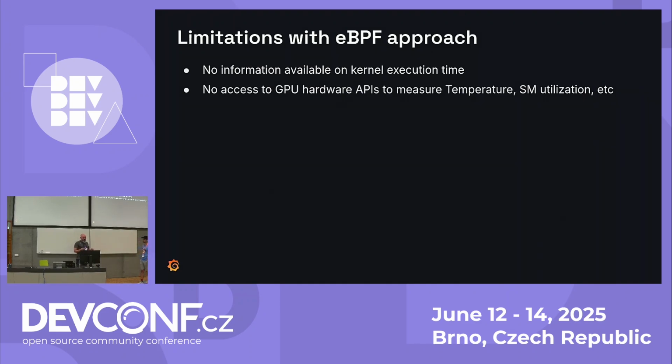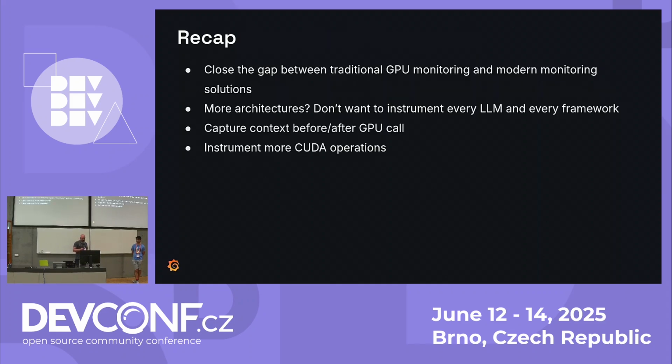And the other limitation, as I said before, is that we don't have access to the GPU hardware, so we cannot track things like temperature or memory utilization and all of this stuff.